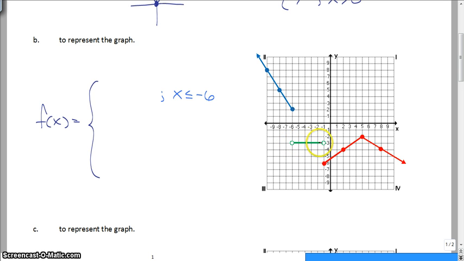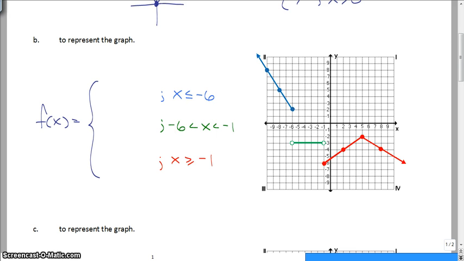It goes from -6 to -1, so we're going to have -6 is less than x, which is less than -1. And then finally the red part, as you see, we have an arrow at the end, so it's going to go into infinity. So the red part is just when x is greater than or equal to, notice the solid dot, -1.